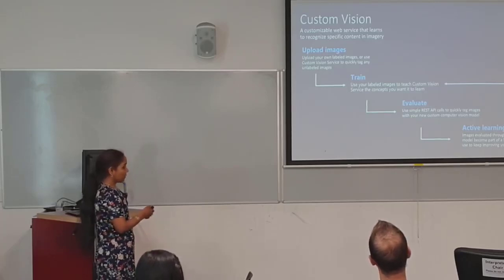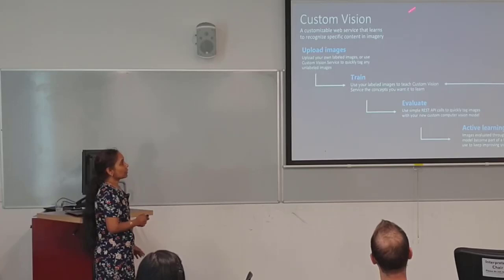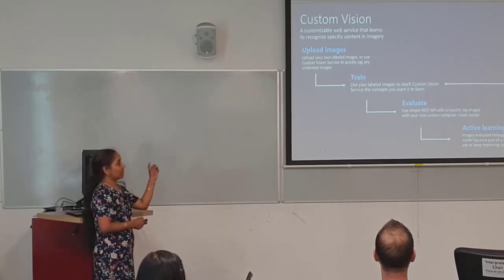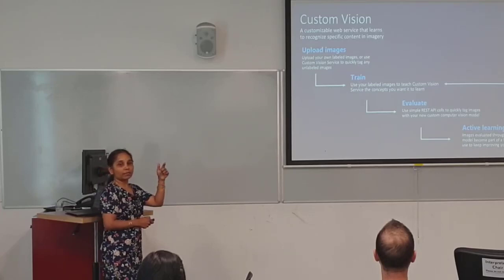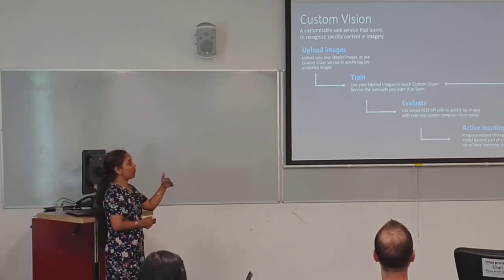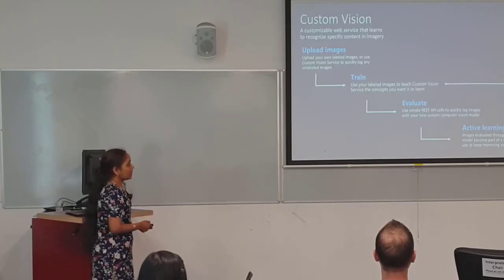Once you upload, you train with the labels. Then once you label the images and train, you can evaluate using a REST API. That creates the prediction URL with some keys and endpoints, and you can use those in your applications.